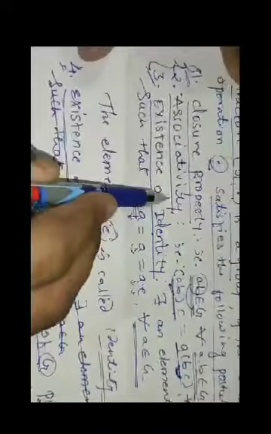First is closure property, second is associativity, third is existence of identity, and fourth is existence of inverse. If these four properties are satisfied by any non-empty set, then that non-empty set G with a binary operation dot is called a group, and it is denoted by G dot.